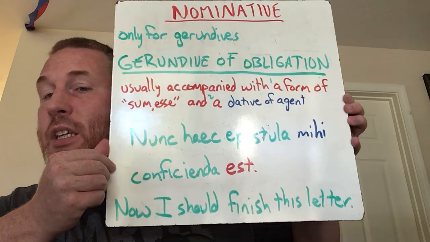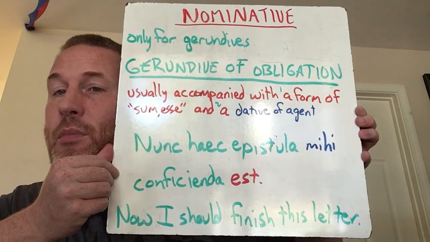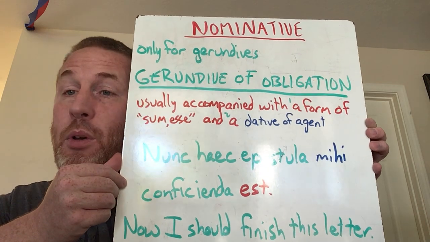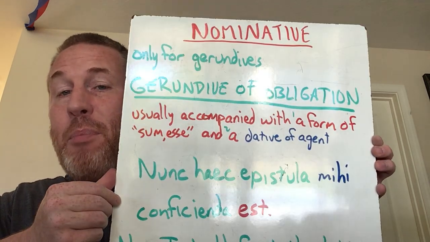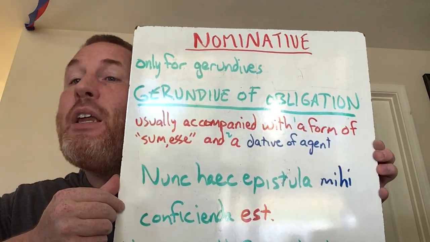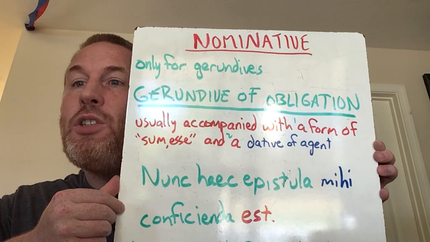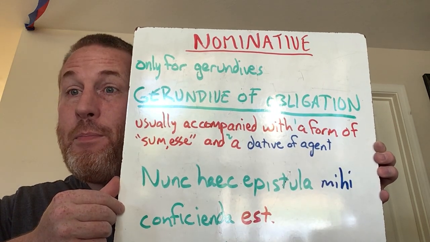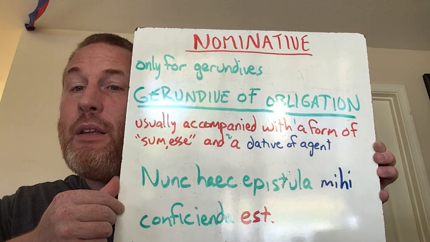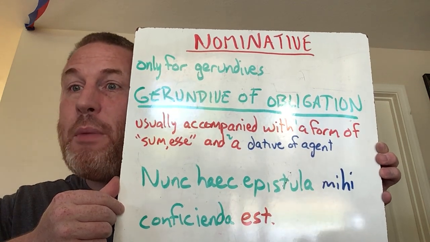The good English is, now I should finish this letter. The way that you can also translate this, nunc haec epistula mihi conficienda est, is now there is a letter for me to finish. Or now this letter is for me to finish.